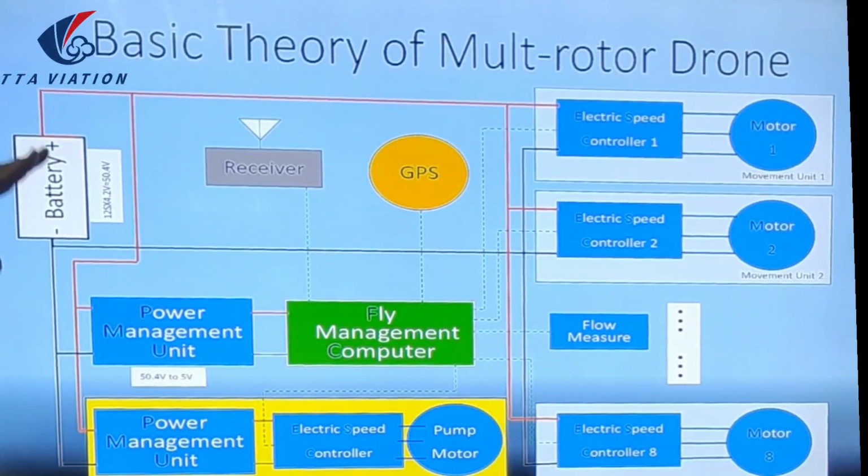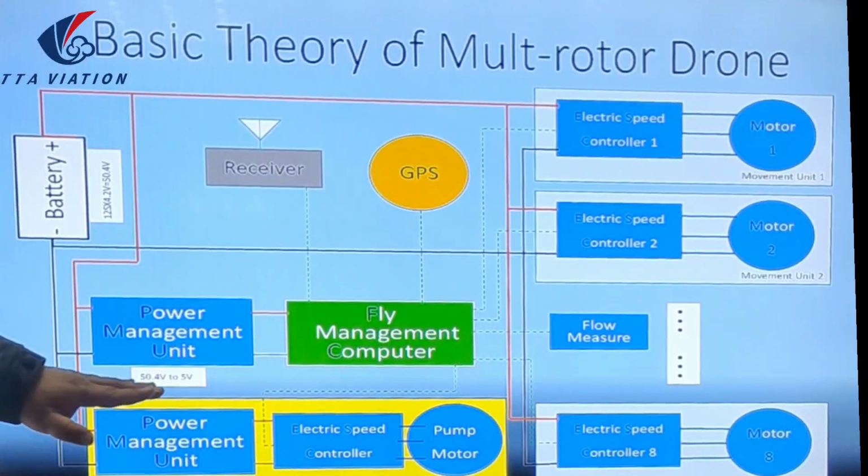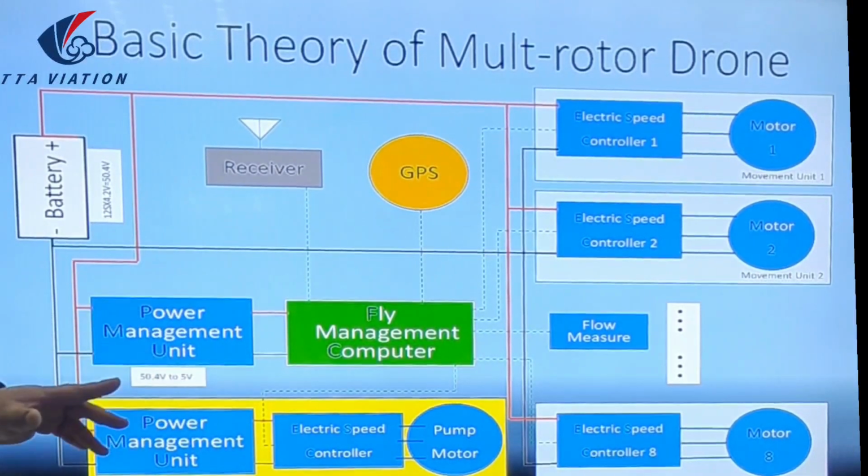And another device named CAN hub can directly link to the battery, and it supplies two 12-volt outputs. So actually this system has two PMUs, but one is PMU, another is CAN hub.